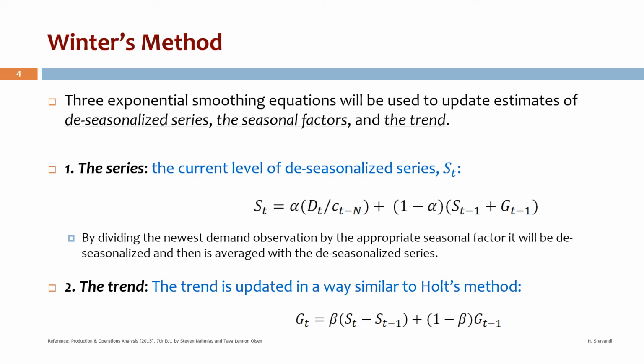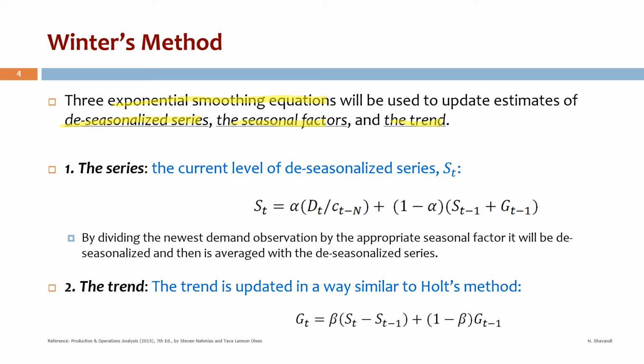Winter's method is actually a triple exponential smoothing method. So we'll have three exponential smoothing equations and three smoothing factors. We'll use the exponential smoothing equations to update the estimates of the deseasonalized series, the seasonal factors, and the trend.